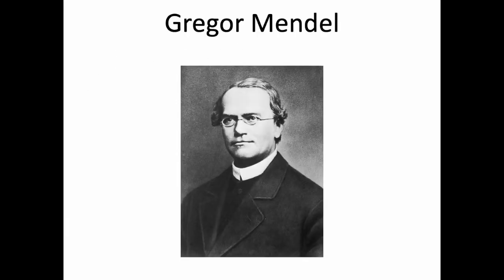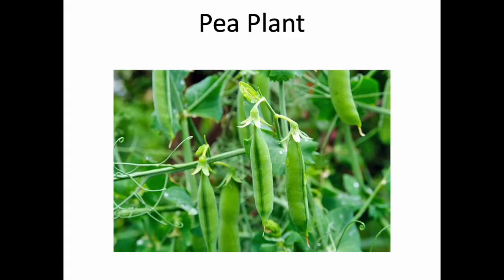It's also worth noting his groundbreaking experiments used the pea plant. It's not the most exciting organism out there, but we're going to use the pea plant as an example of how Mendelian inheritance works, because it makes for a very good example to understand basic genetics and Mendelian inheritance.